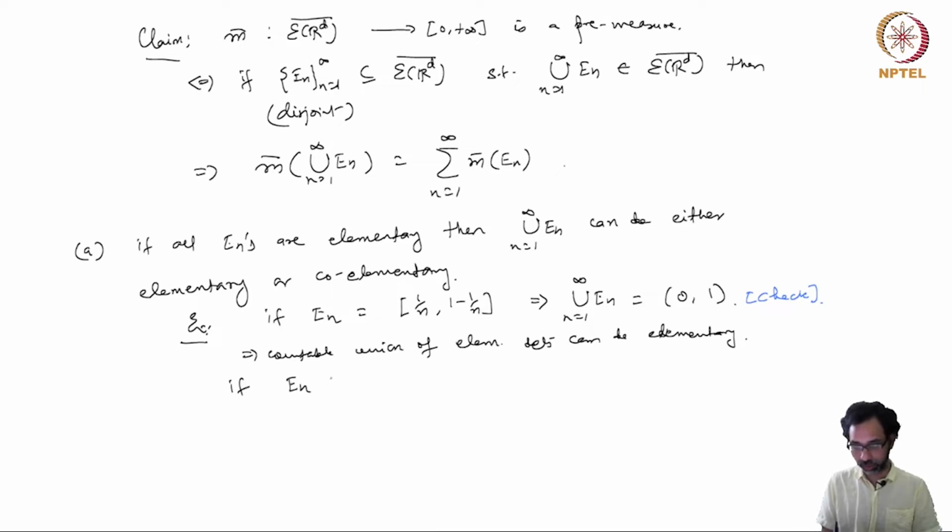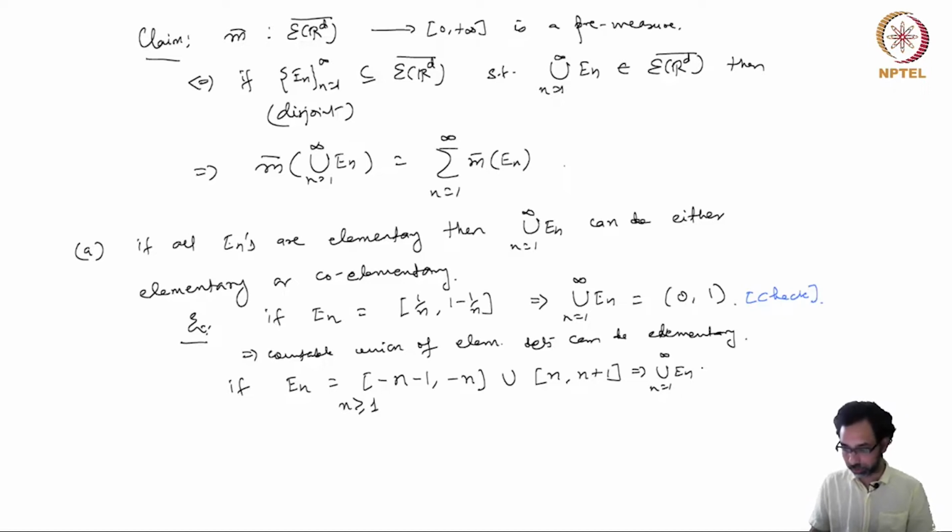Now if we take E_n to be the interval from minus n to minus 1 union 1 to n, then this is an elementary set, but the union of E_n, n equal to 1 to infinity, where n is greater than or equal to 1, is nothing but minus infinity to minus 1 union 1 to infinity, and so this is a co-elementary set because the complement is nothing but the set (minus 1, 1), which is elementary. So this means that a countable union of elementary sets can also be co-elementary.